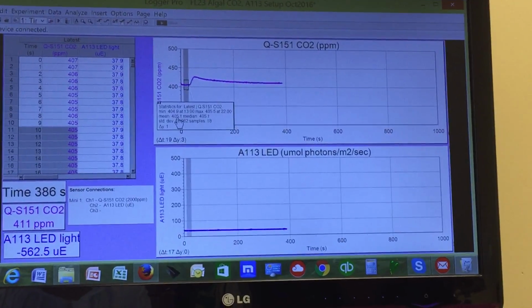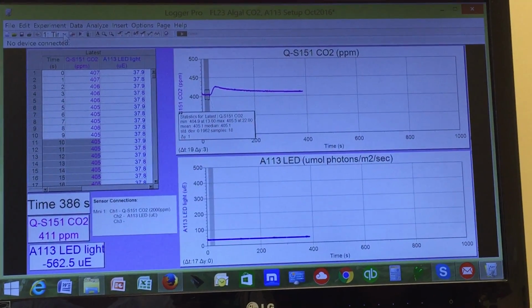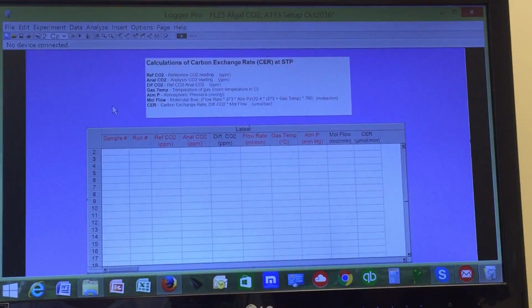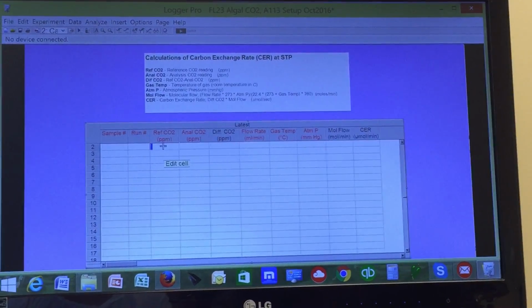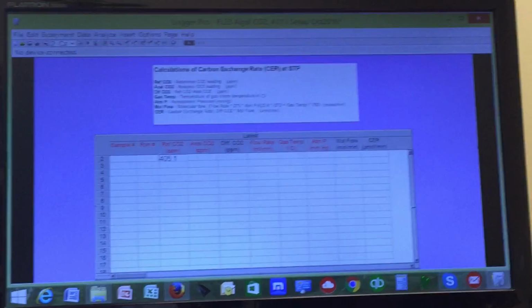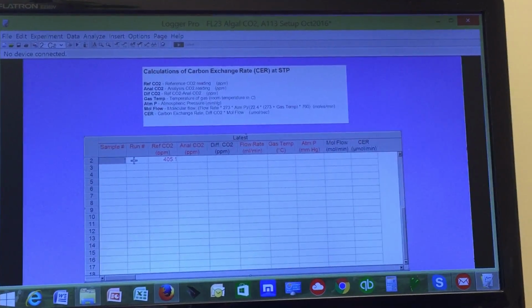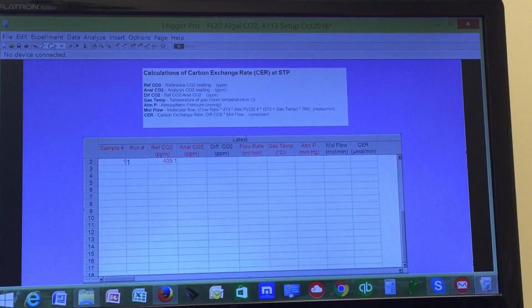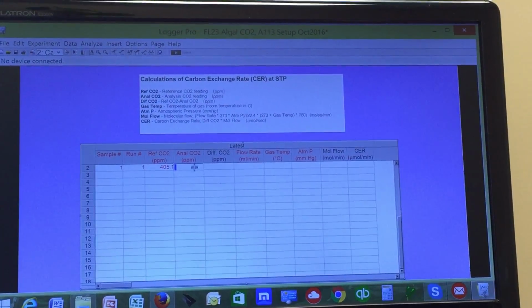It's the mean that we are interested in, 405.1, and that is the number that we will enter here under reference CO2. So 405.1, enter. We can label this also sample number 1, run number 1. If you do many measurements, you want to keep track of your calculations.